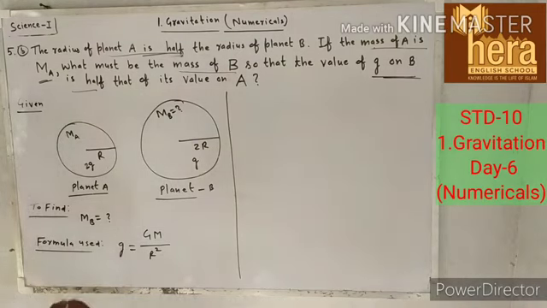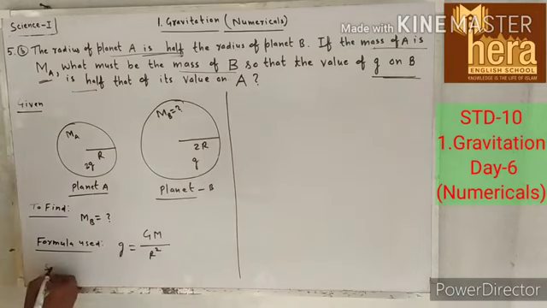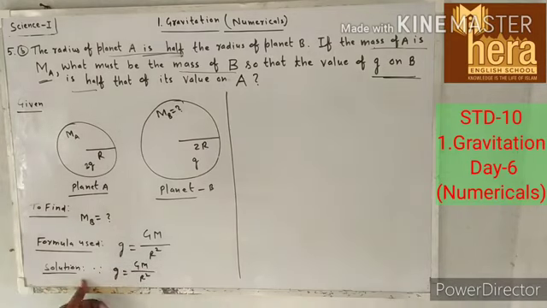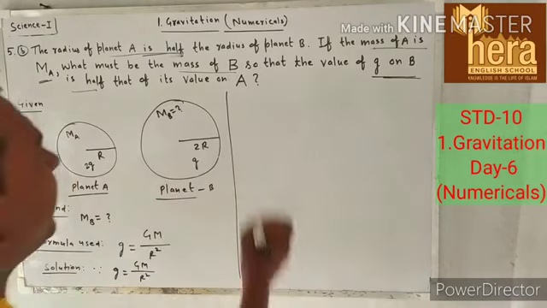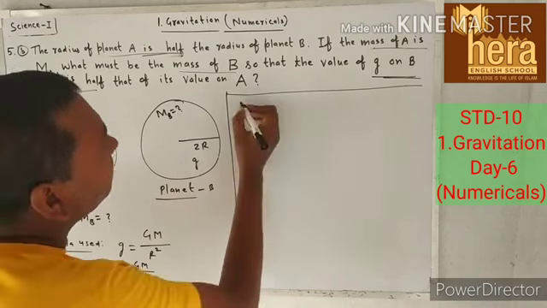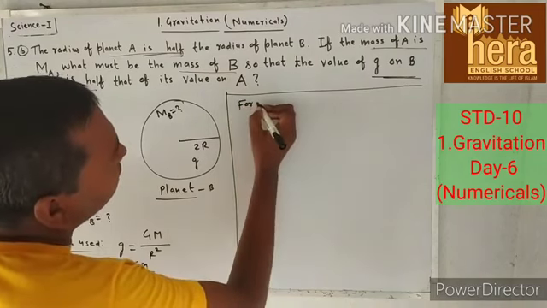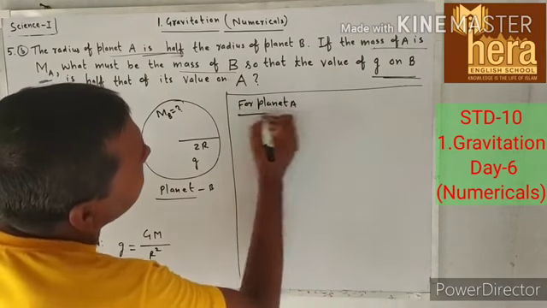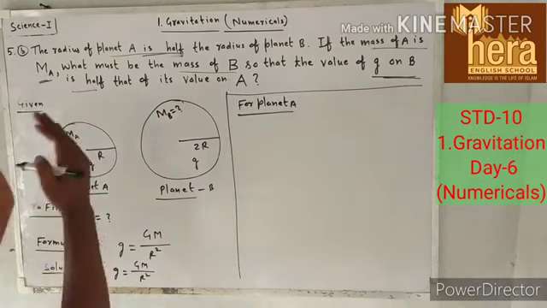Solution. Since g is equal to GM upon R square, we know that. For planet A, I am talking about planet A only.